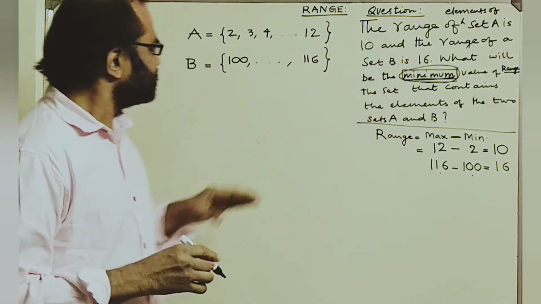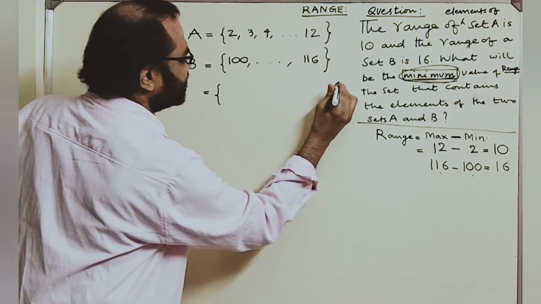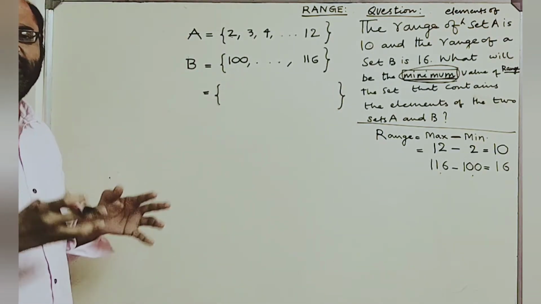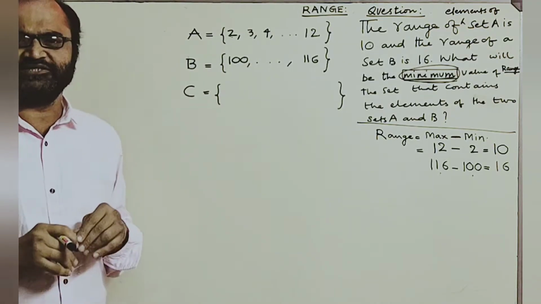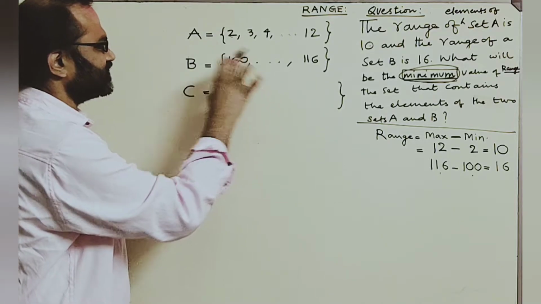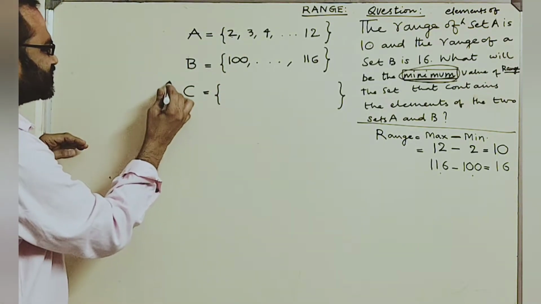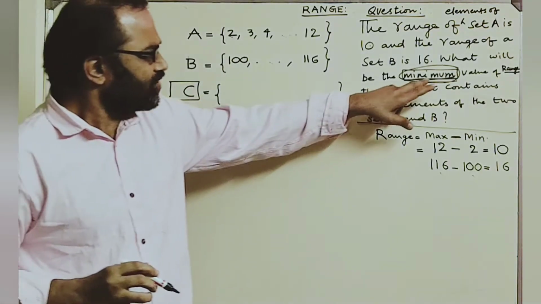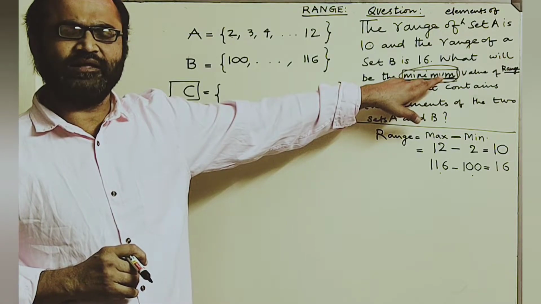So now the question is, if you write the elements of the two sets A and B together in another set, let us call that third set C, then of that set C, what are we supposed to find? Remind yourself what I repeated in the beginning.